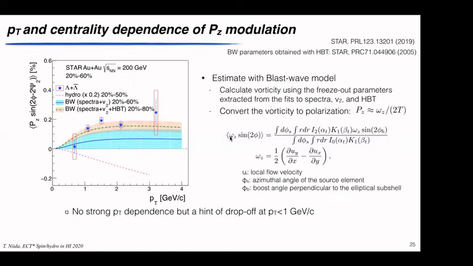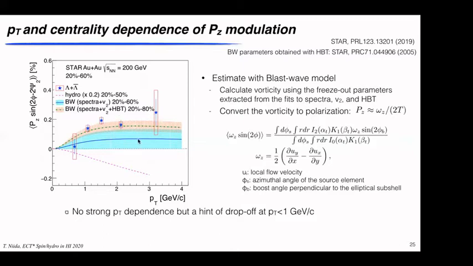So this is a formula used in the displacement model calculation. Interestingly, this simple model can describe the data well, and the inclusion of the HBT results also slightly affects it.